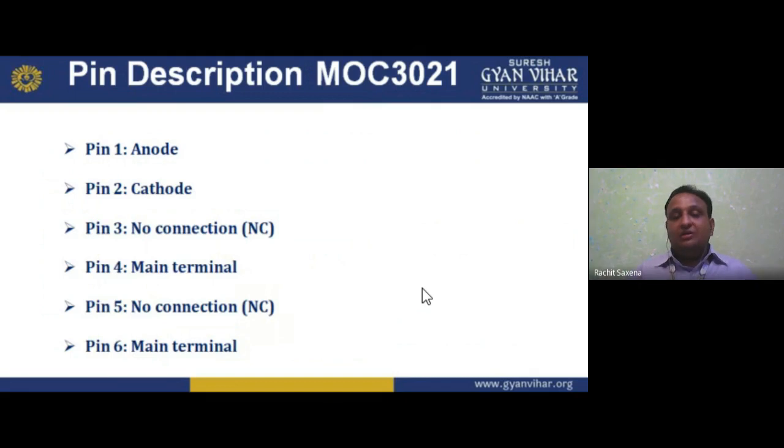So pin 3 will remain empty. We can leave it because no connection. Pin 4 and 6 are the terminals for the main connections. We can make a connection at these terminals. And pin 5, we can also say triac substitute, or we can say triac.